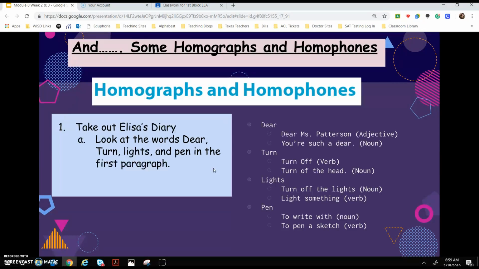I went a little too fast. Just kidding. So when we were looking at the homographs, I wanted you to take out Elisa's diary. Now, in that first paragraph, I want you to look at deer, turn, lights, and pen. In that first paragraph, there's dear and deer, which are pronounced the same, but can be interpreted in two different ways.